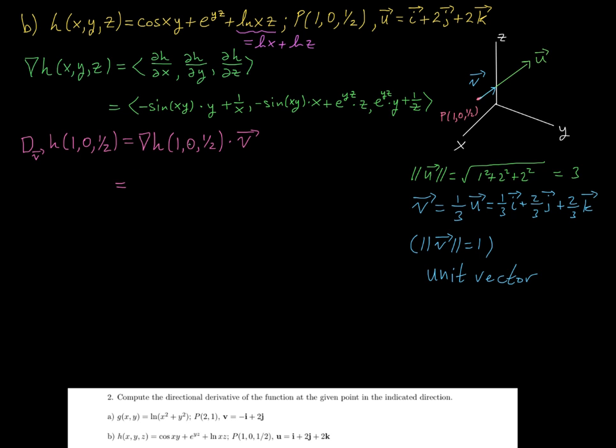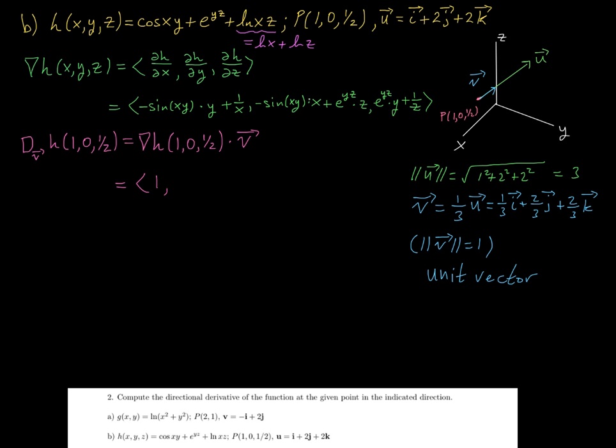So now I want to plug in 1 for x, 0 for y, and 1/2 for z. Unfortunately, a lot of this is going to clean up quite a bit. Notice plugging 0 in for y, the sine term is 0 and this y term is 0, so that drops out. And then I'm plugging 1 in for x.